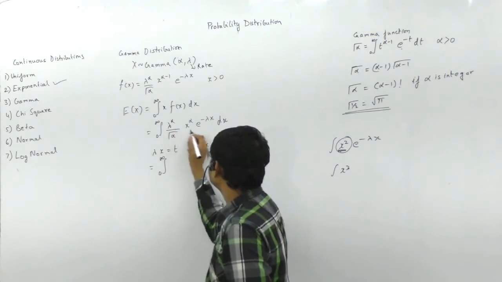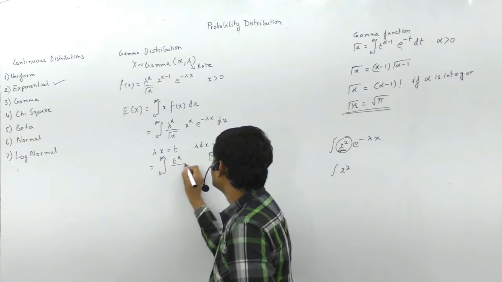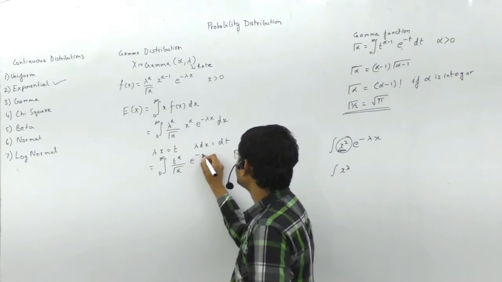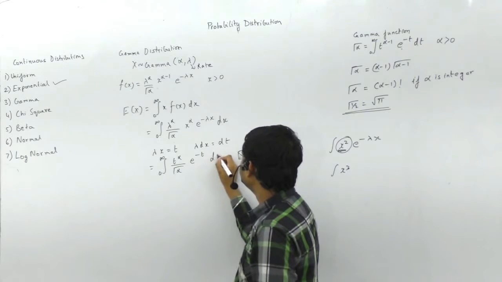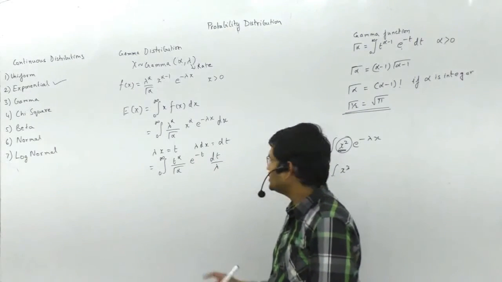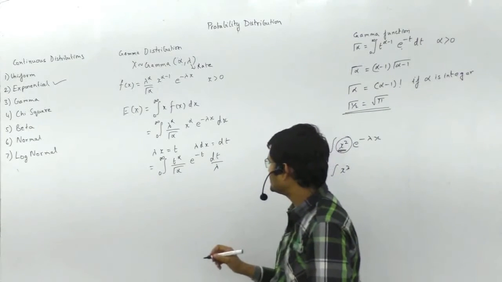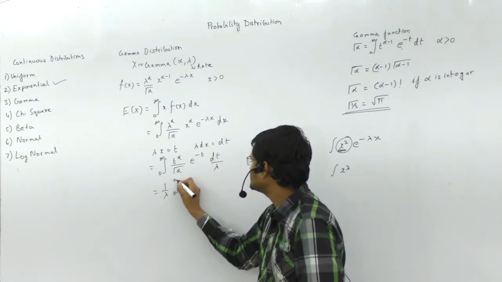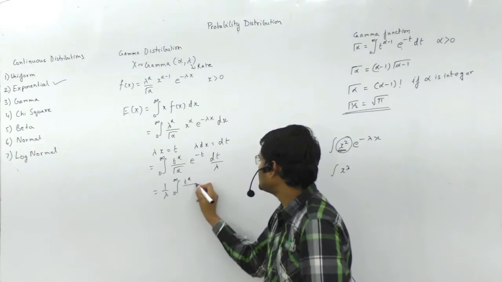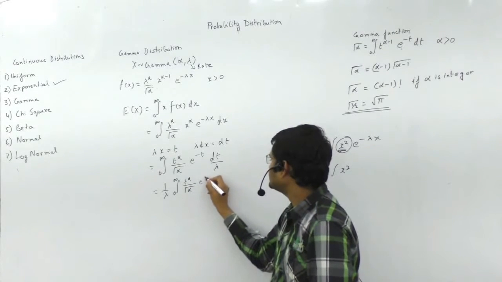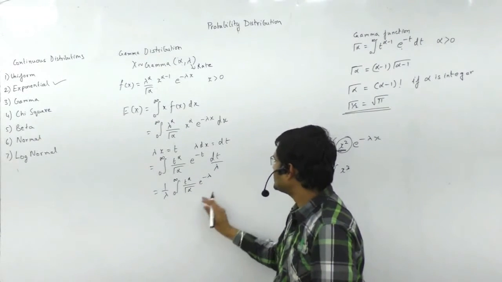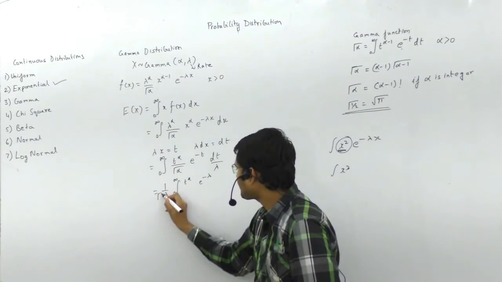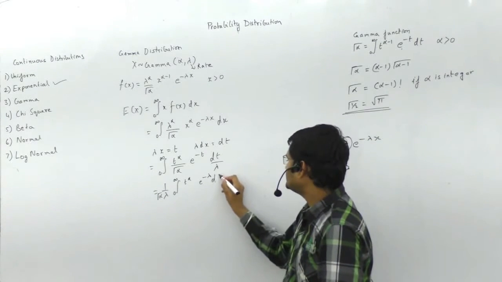So we get, first of all, t raised to alpha by gamma alpha e raised to minus t, and then I'll get dt by lambda. So dx is nothing but dt by lambda. So if I take 1 by lambda out, integration 0 to infinity t raised to alpha by gamma alpha e raised to minus t, or I can take gamma alpha also outside, dt.